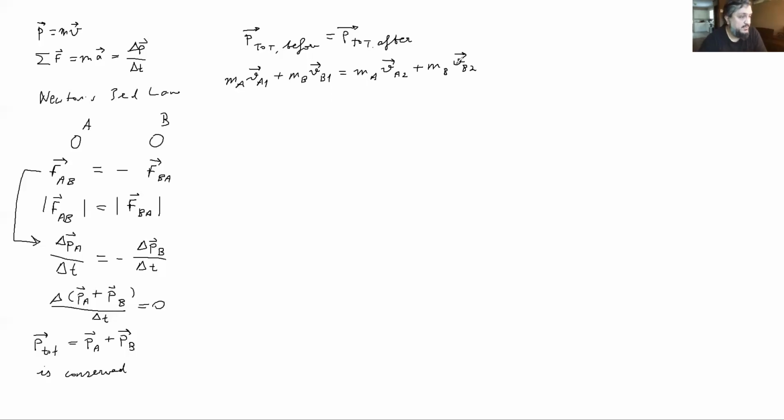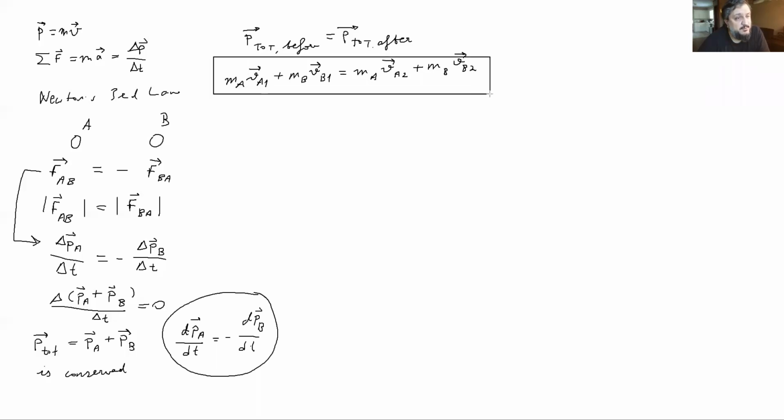As you saw, instead of this, you could start with the calculus version, so dPA by dt would be equal to negative dPB by dt. But if you haven't seen calculus, it's okay. Just keep in mind the same thing. So let's box this. This is our fundamental conservation law when we solve problems that have to do with collisions of objects.